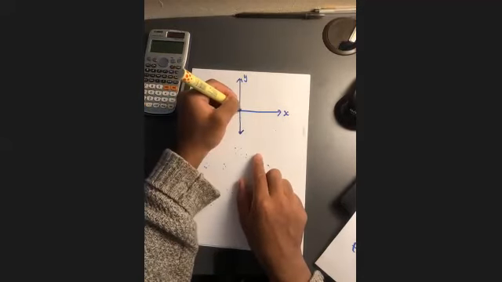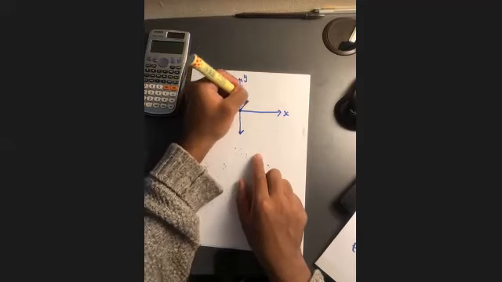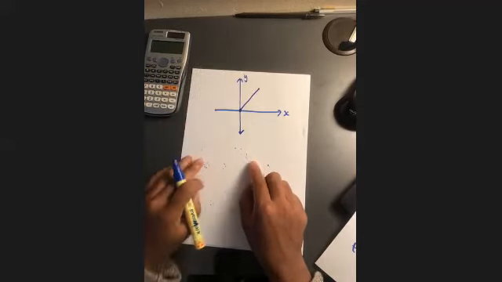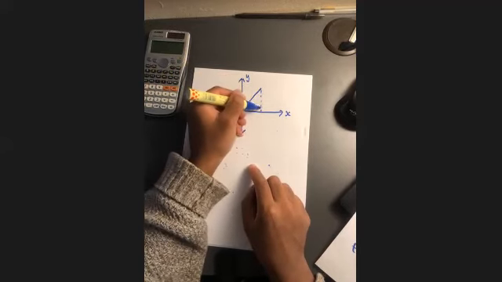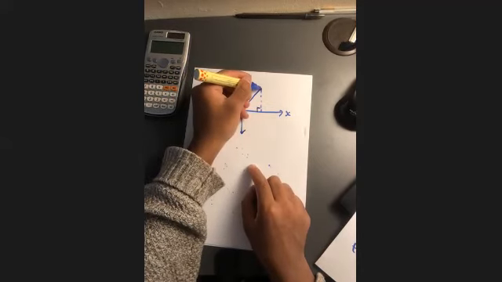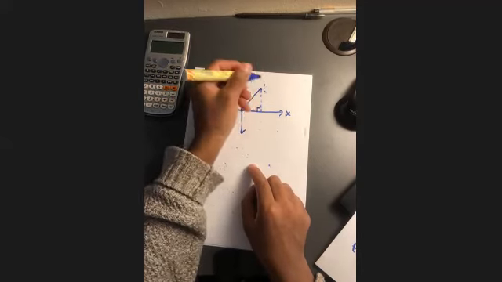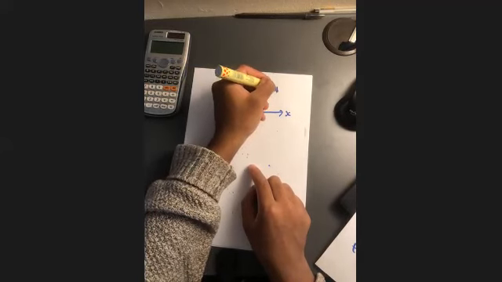And then you have a line starting from the origin, going diagonally. And then you have this line over here. So this kind of resembles a triangle. And then here we have a certain value x and a certain value y.